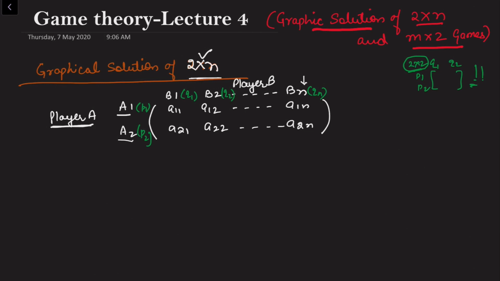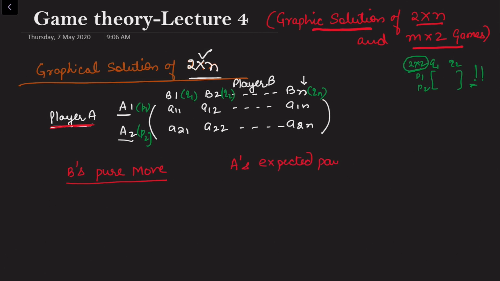What we want is the expected gain for player A. So here I'm going to consider first B's pure move, and depending upon B's pure move, I am writing A's expected payoff.